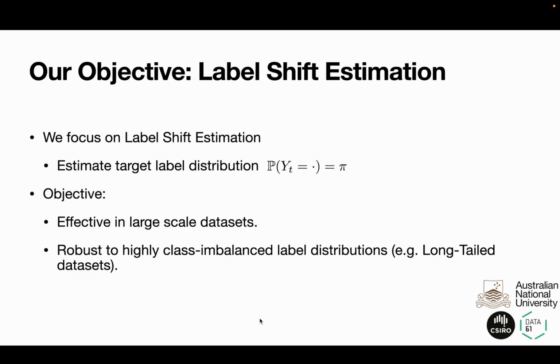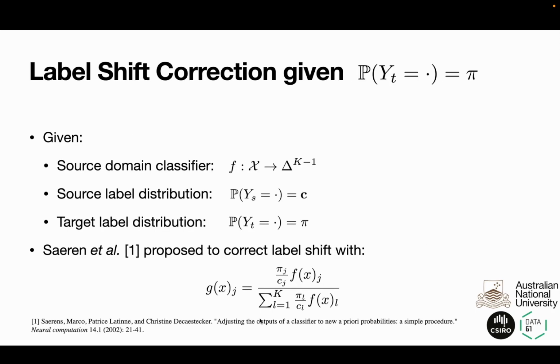We aim at developing a label shift estimation model that is effective in large-scale datasets and is robust to highly class-imbalanced label distributions, like the long-tailed label distribution. After obtaining the estimate of the target label distribution, we can use existing works to correct label shift without retraining the classifier. The more accurate a label shift estimation model we have, the better target domain classifier we can get.